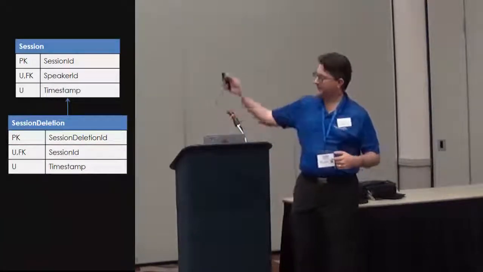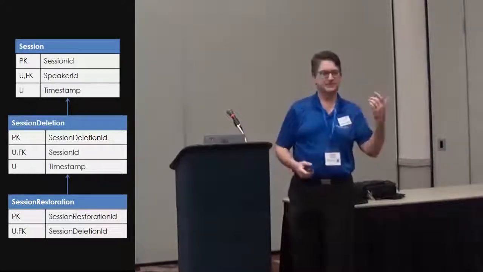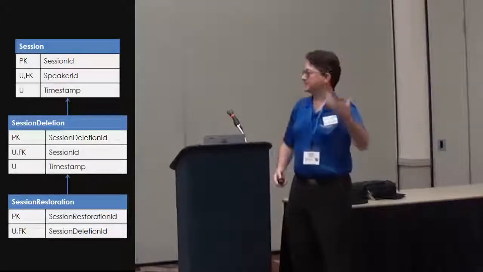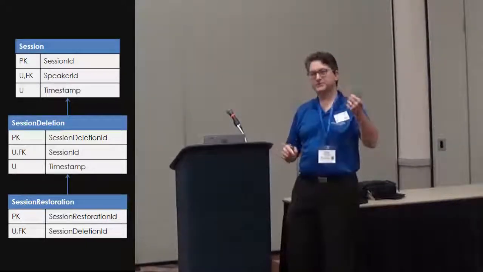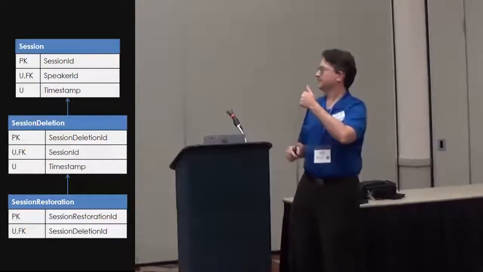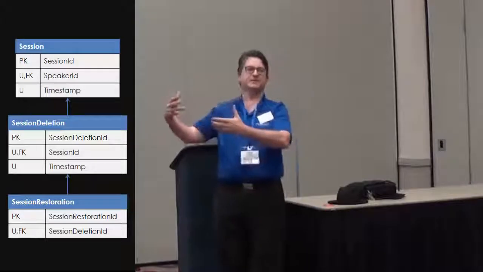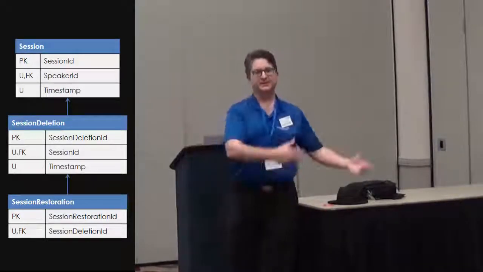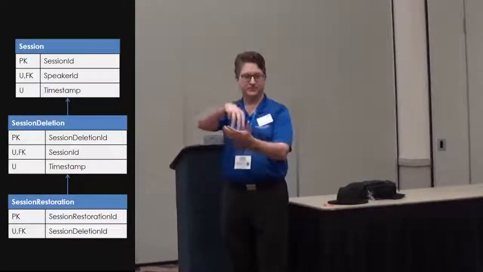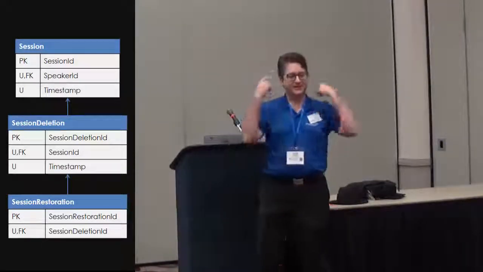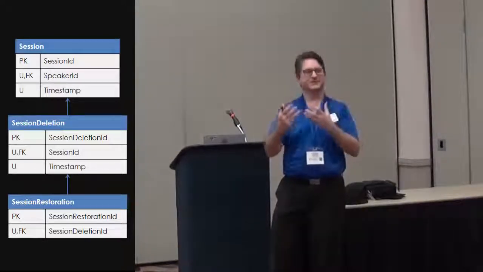Okay, so now that I've got that, I have the ability to do a restore, and I can say this session restoration is the restoration of a particular session deletion. Now I can only restore a session once by removing its particular deletion. But then if I delete it again, I've got a new deletion, and I can have a restoration that removes that deletion. So this is where I have to start thinking through all of the different cases.